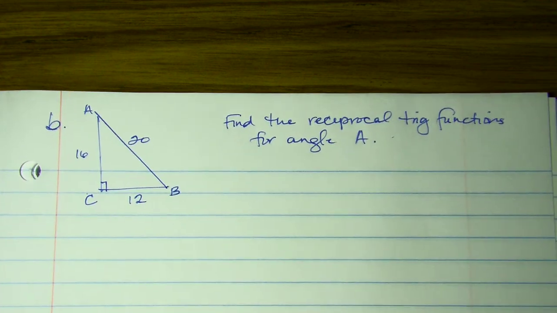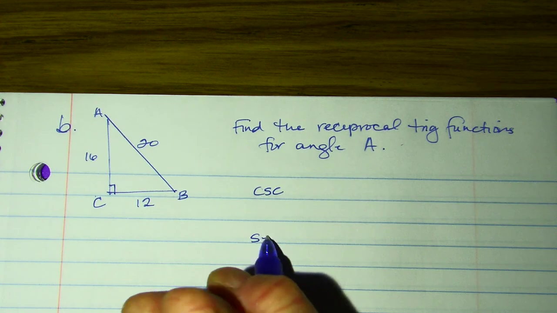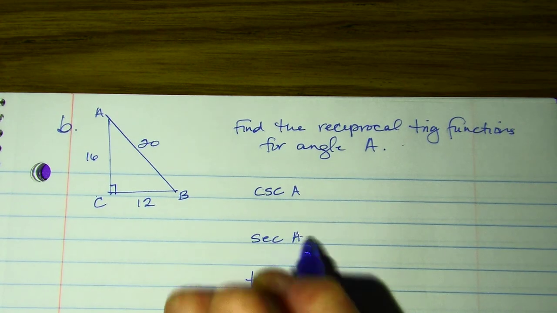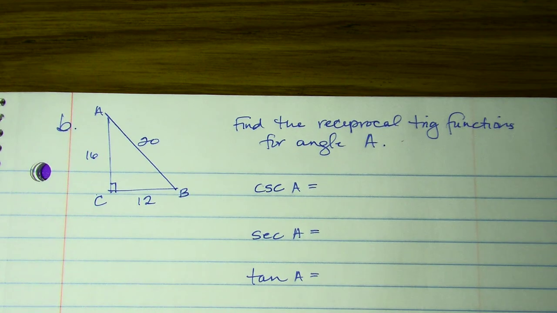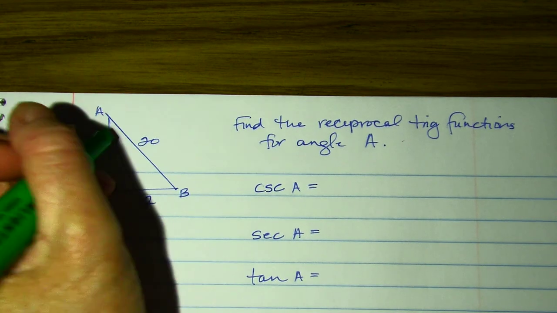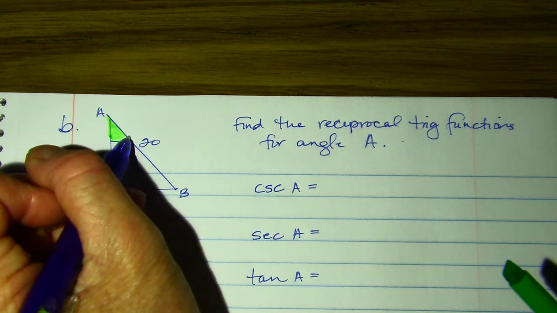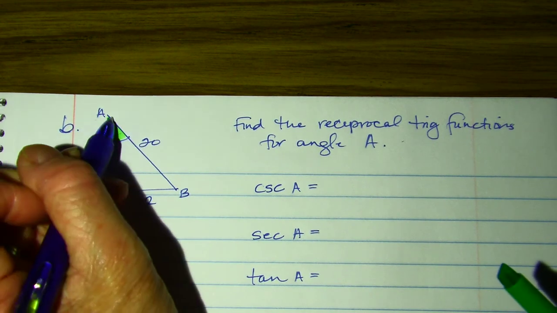Okay, so reciprocal trig functions are cosecant, secant, and cotangent. And I'm doing that for angle A, all three. So I like to mark it on my picture so I don't get confused with any other angle. So they're asking for this angle here. It doesn't matter whether the letter is outside or inside, it's still referring to the same vertex.